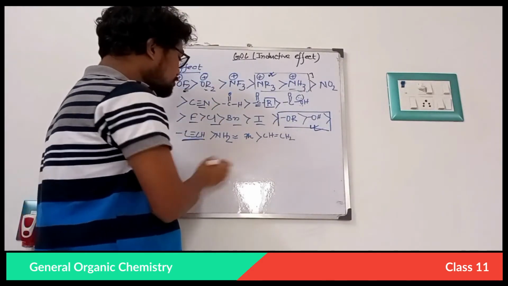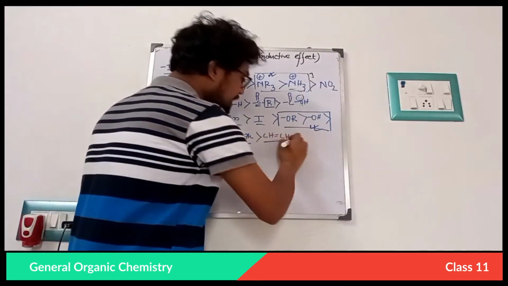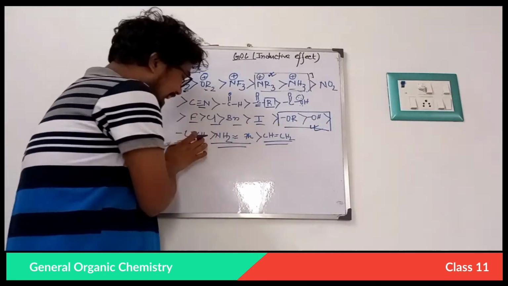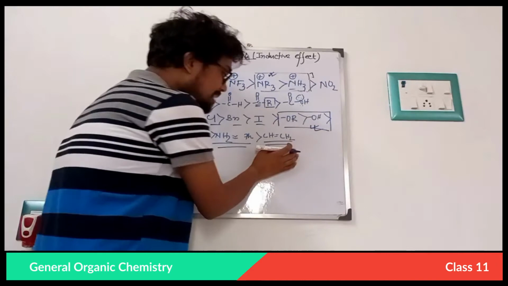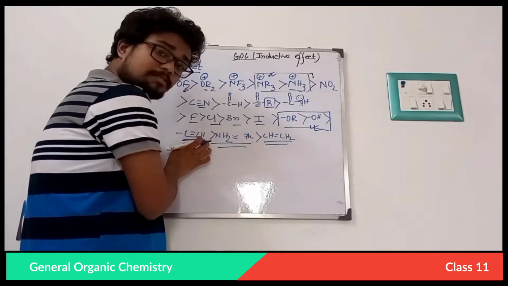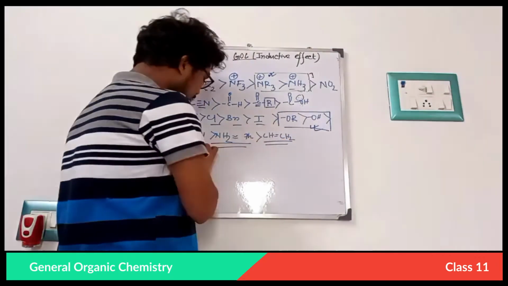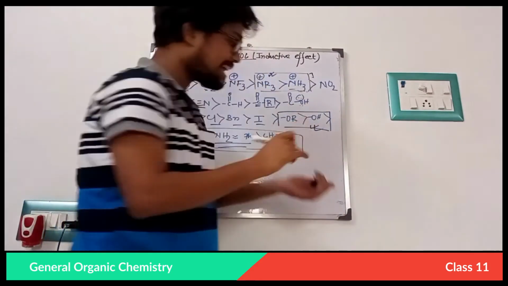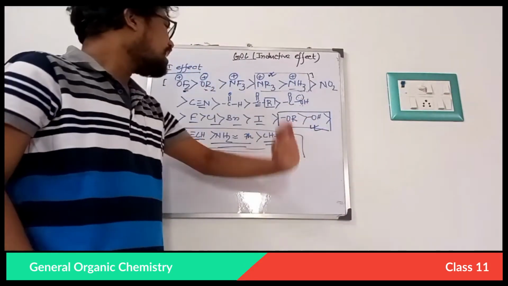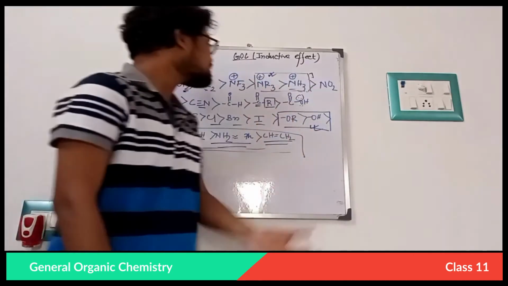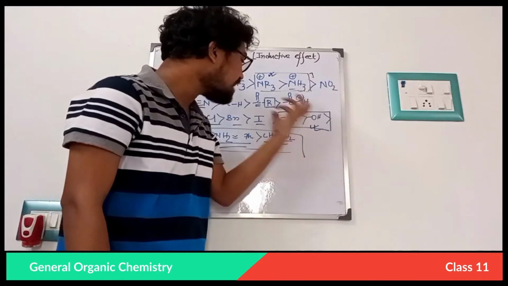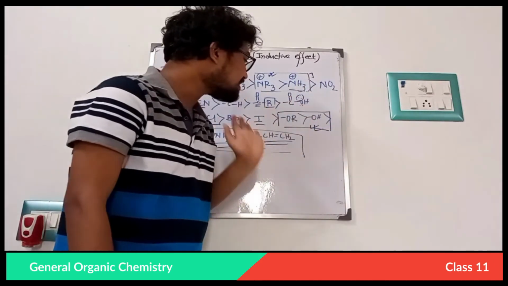Now triple bond, C≡CH, and double bond, CH=CH2. The triple bond is sp hybridized, and this is sp2 hybridized. So sp hybridized is more electronegative than sp2. That is the order of this side. So I have explained each and every order, but I have to explain the exception cases: why NR3+ has more minus I effect than NH3+, and OR has more minus I effect than OH.